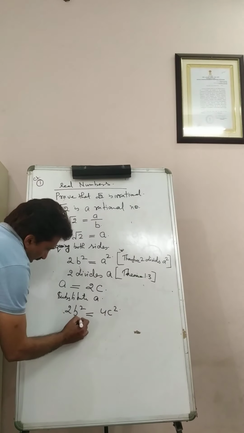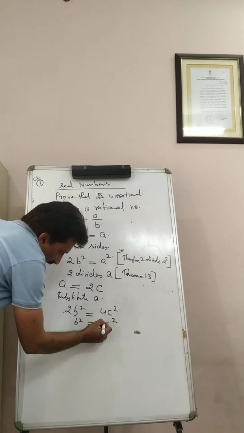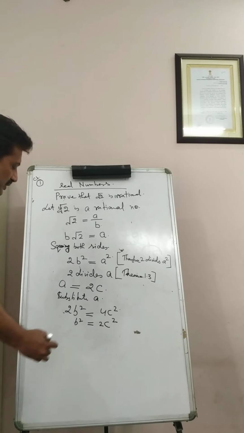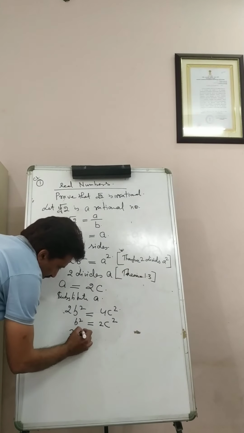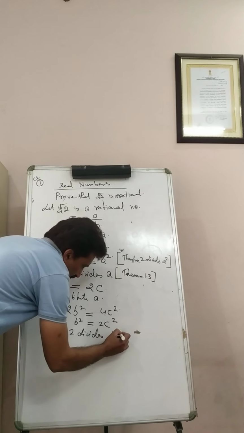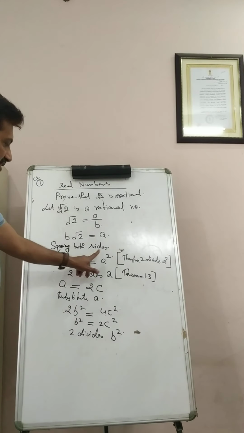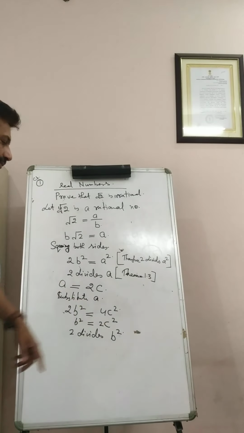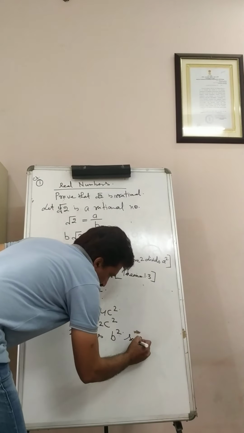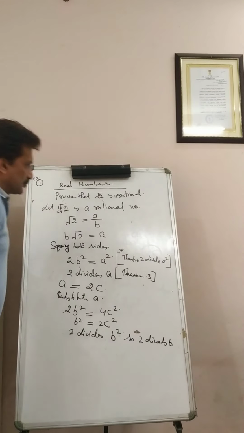Now b square is equal to 2c square. Now again, like this one, 2 divides b square. 2 divides b square. Now both these integers a and b. So 2 divides b also.